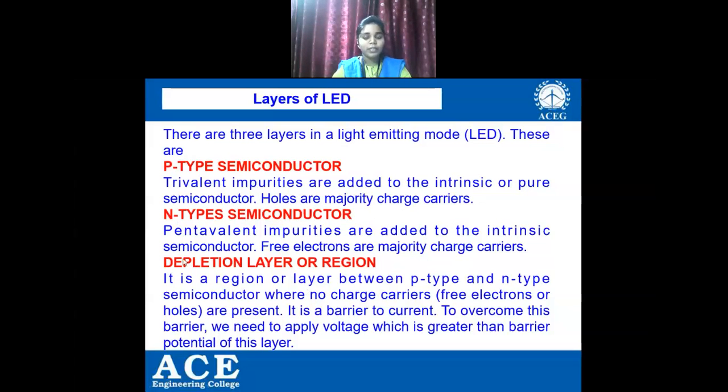In N-type semiconductor, pentavalent impurities are added to the intrinsic semiconductor. Free electrons are majority charge carriers, just like a PN junction diode. Here we can see the depletion layer or region. It is a region or layer between P-type and N-type semiconductor where no charge carriers are present.